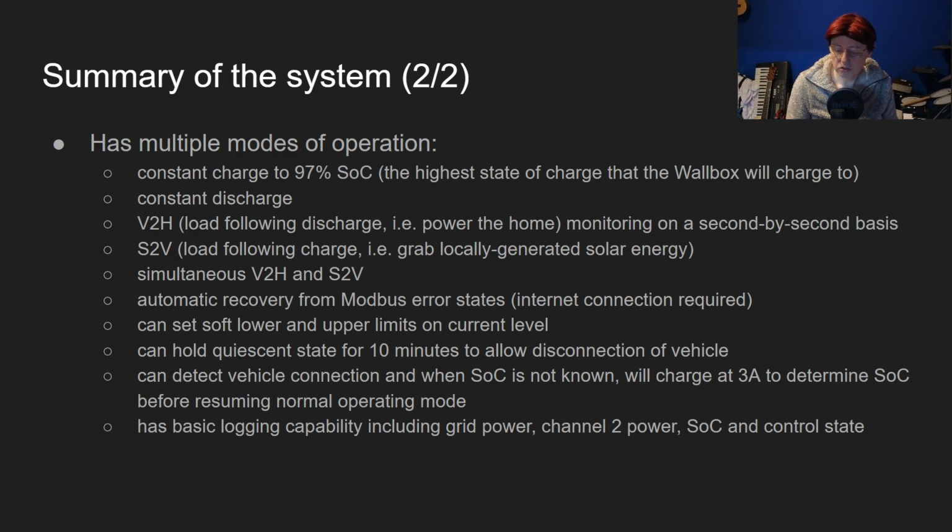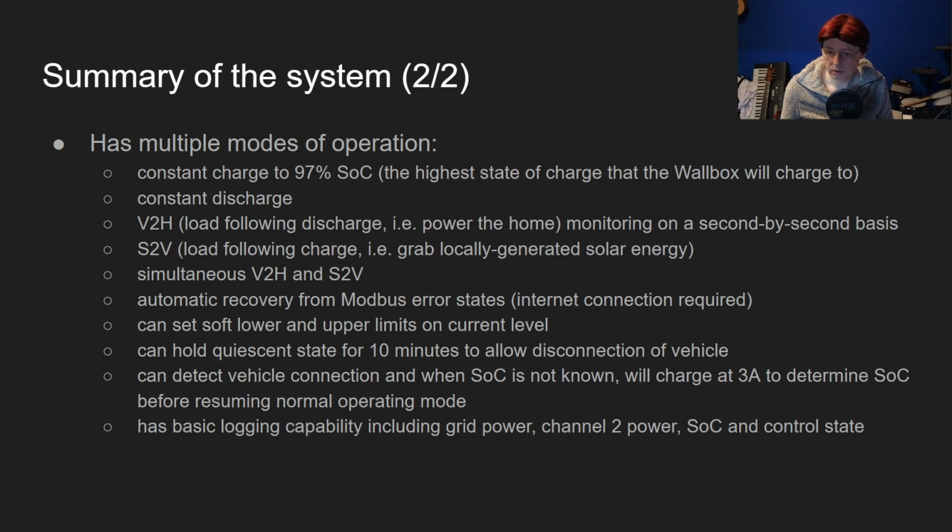It'll do V2H, vehicle to home, which is basically load following in terms of discharge. So it can power the home through the vehicle's battery by matching the draw that the home is making. So what it's looking to do there is to minimize the use of the grid.